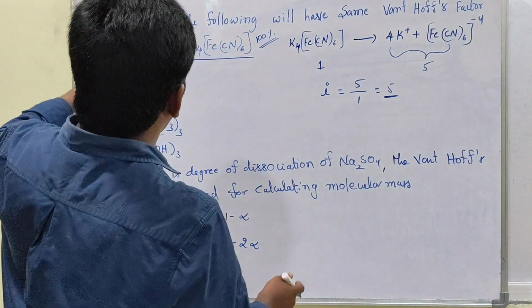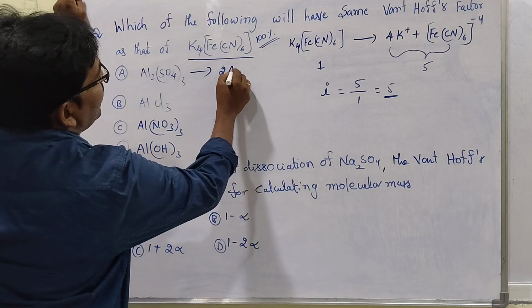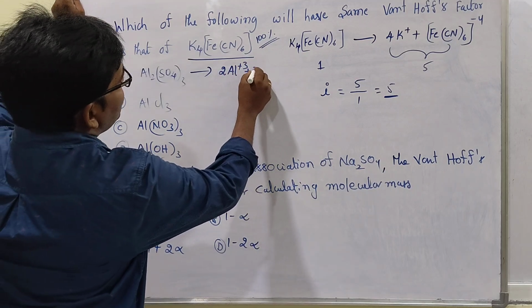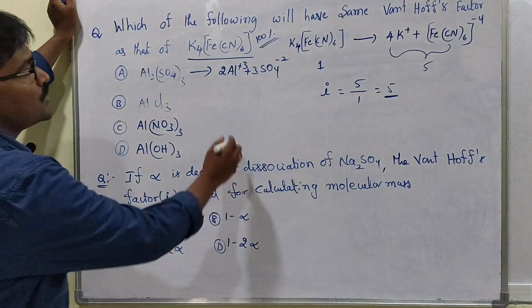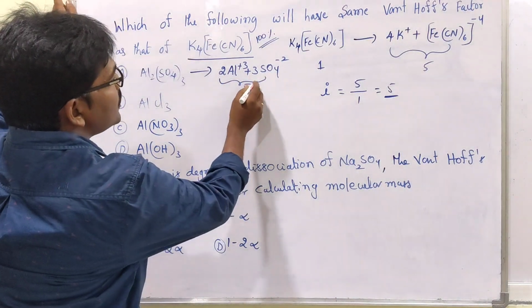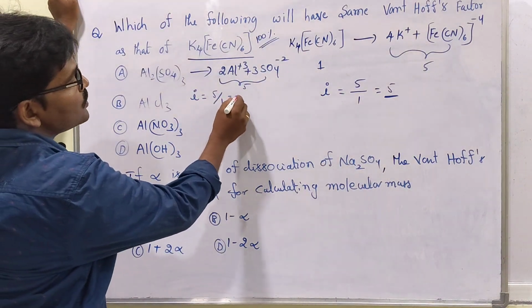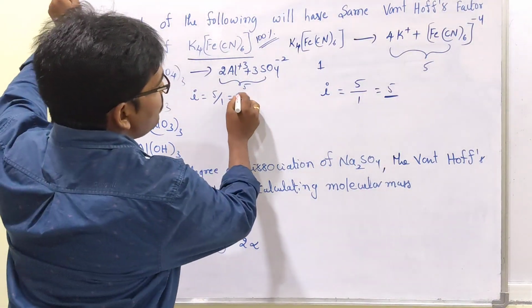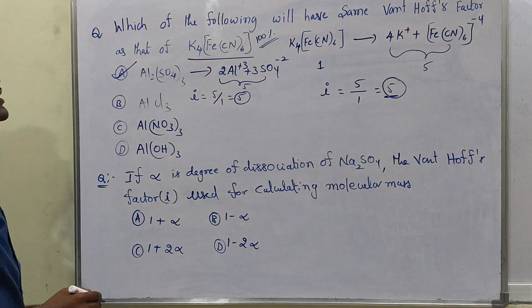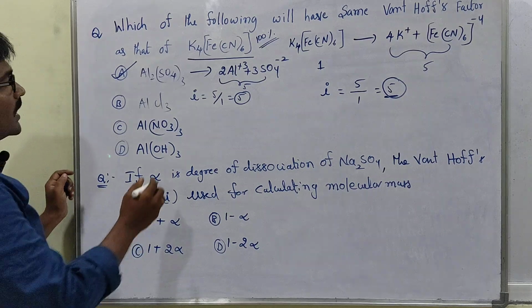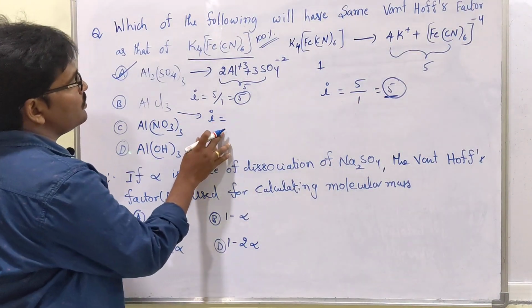Here also we have to find the Van't Hoff factor the same way. Al2(SO4)3 gives 2Al plus 3 and 3SO4 minus 2. Total number of particles after dissociation is 5, so the Van't Hoff factor is 5 divided by 1, which is 5. So the same Van't Hoff factor is in the first option, Al2(SO4)3. Sir, what is the Van't Hoff factor for this one?